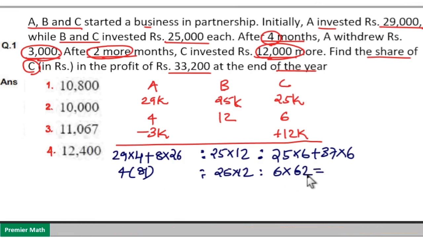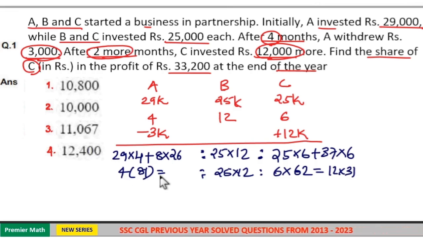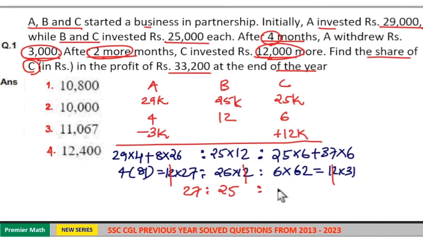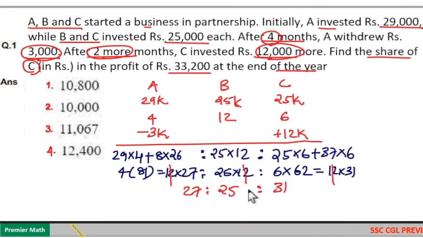So 6 into 2 is 12, remaining is 12 into 31. And 3 into 27 is 81, 3 into 4 is 12, so 12 into 27. Now I can cancel 12 from all these terms, remaining is 27 is to 25 is to 31.